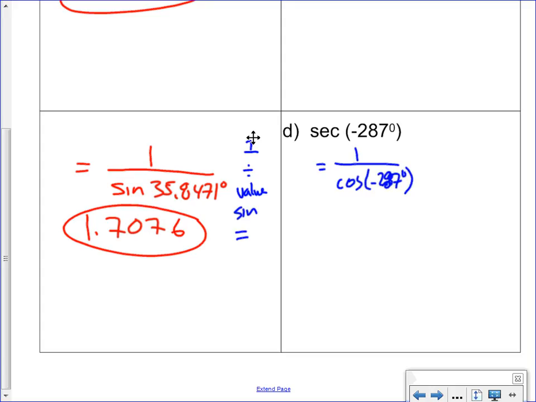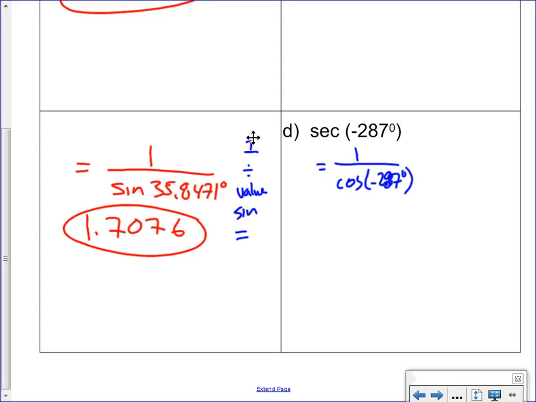Clear. 1 divided by 287 negative, cosine, equals. Is that right? 3 point something? Yes! 3.4203.